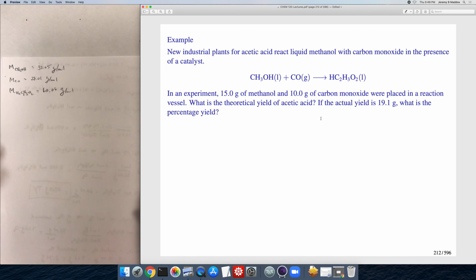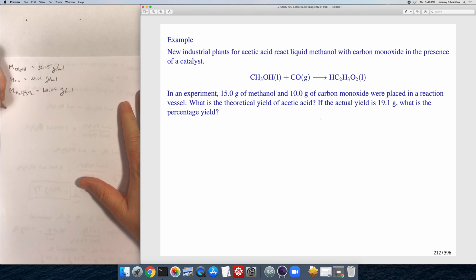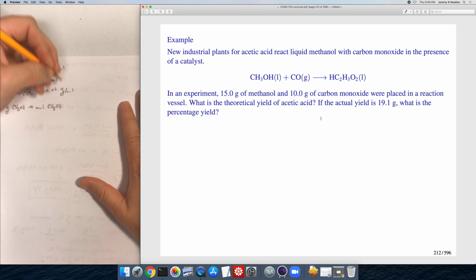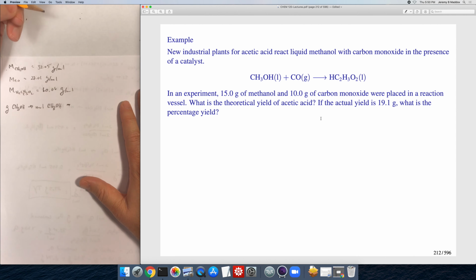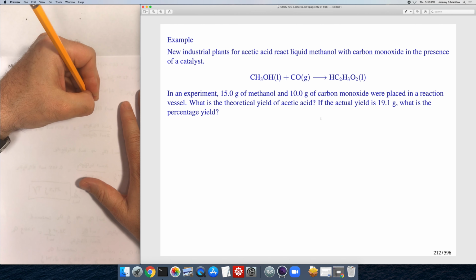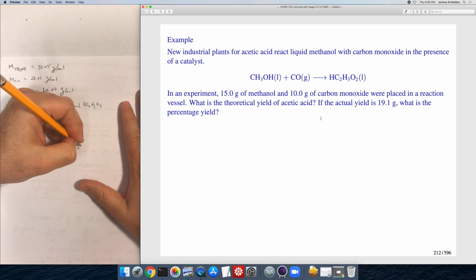Okay, and so what we'll do is convert from grams of methanol to moles of methanol, and then go to moles of acetic acid. We will also do the grams of carbon monoxide to moles, and then to moles of acetic acid. Right?